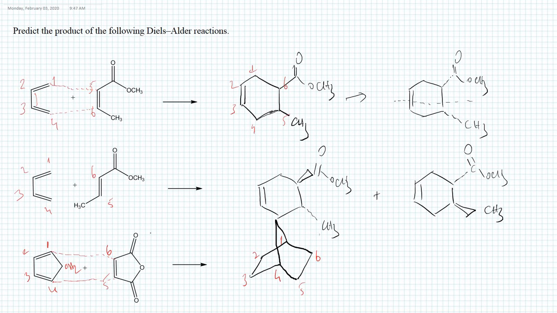Then we have to show the orientation of this ester. This is a cyclic ester. So basically we have to draw 5 and 6. We have to attach this cyclic part again, so we have another cyclic structure there. So let's use the black marker again here.